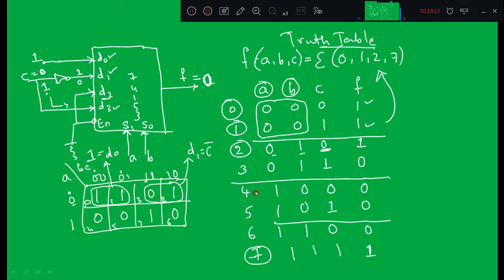Similarly, identify A equal to 1, B equal to 0. These two cells both are 0, so this is D2. D2 is equal to 0 straight away. Then the remaining two cells, group them, and this will be D3. When both are not high and not 0, you have to compare with the remaining input variable.